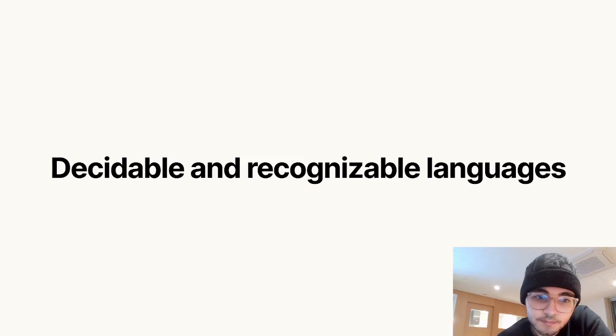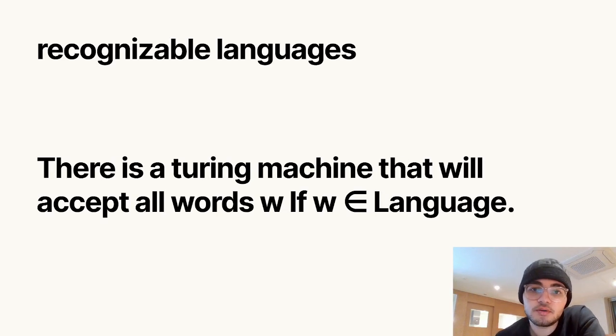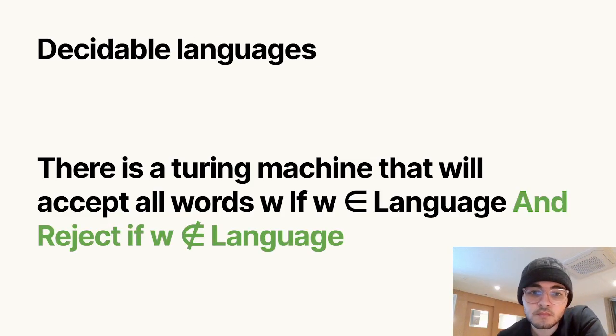Let's go into it. So we want to first explain what is the difference between a decidable and recognizable language. A decidable language is a language that we can create a Turing machine for, that can recognize if a word is in the language. So a decidable language is a recognizable language that we can reject if it's not in the language.